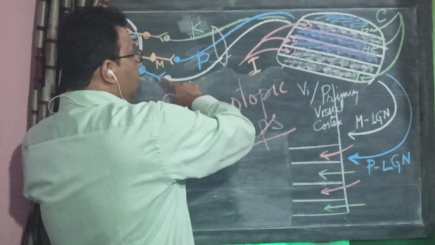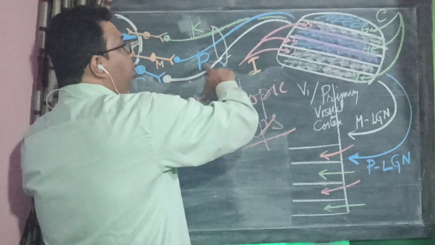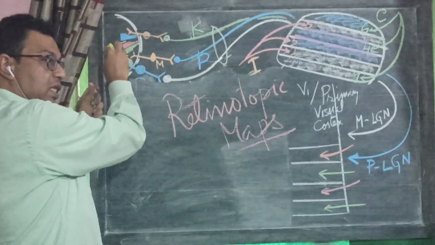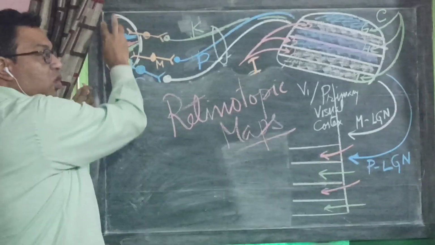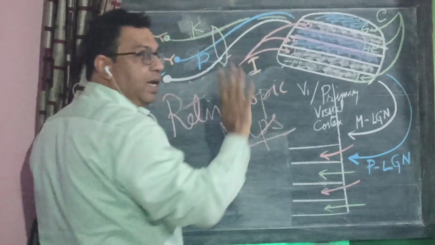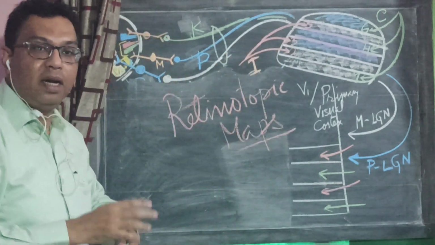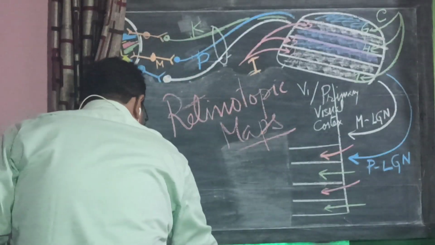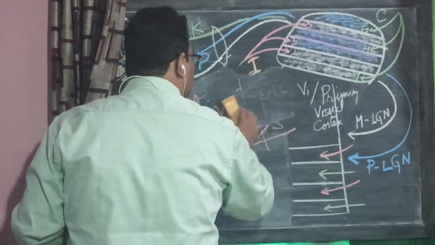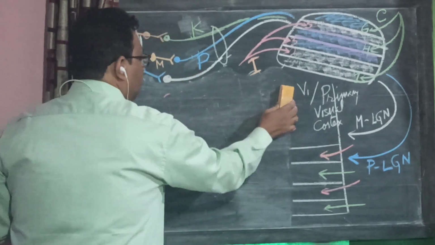So there is a labeled line coming from specific rods or cones to a specific area of the lateral geniculate body. This is called a retinotopic representation, or the lateral geniculate body has a retinotopic map.